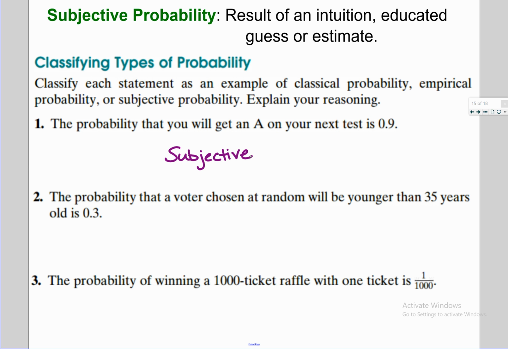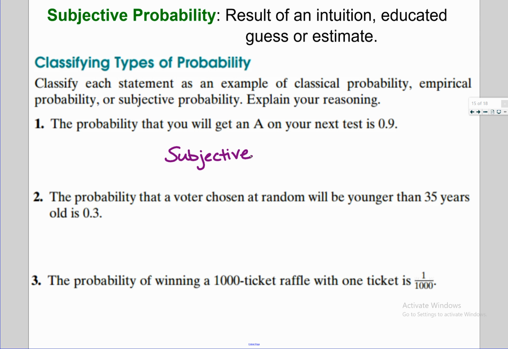The probability that a voter chosen at random will be younger than 35 years old is 0.3. Okay. Is that based on an experiment? Yes. Do we know there's been an experiment run? Not necessarily. Is it based on a guess? Educated guess? Potentially.